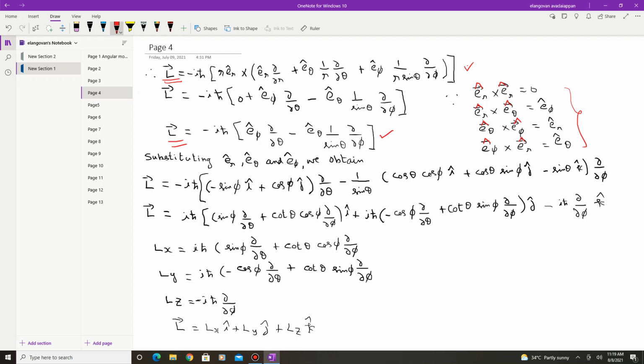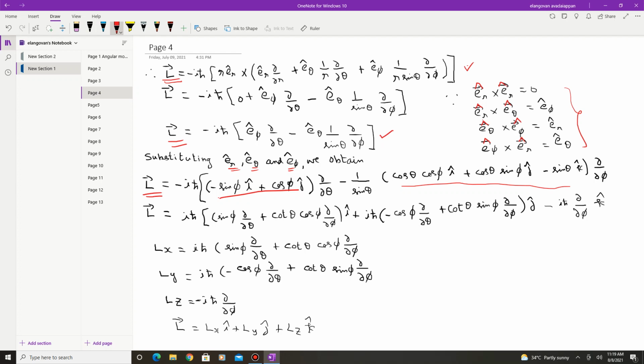Now we know the expressions for e r, e theta, and e phi, so you substitute them back into the expression for L. Since e suffix phi and e suffix theta are known, you substitute here and get this expression, and L is reduced to this form.